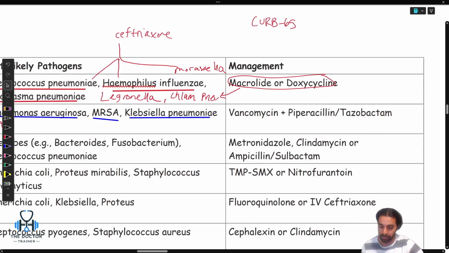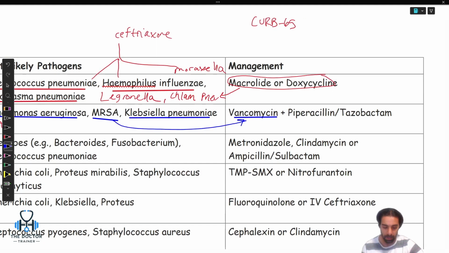When we treat, it's going to be vancomycin that covers the MRSA. For Pseudomonas, you need something that has anti-pseudomonal coverage, like Piptazo or Zosyn. You can do cefepime, which is a fourth generation cephalosporin, and that's going to be good enough.